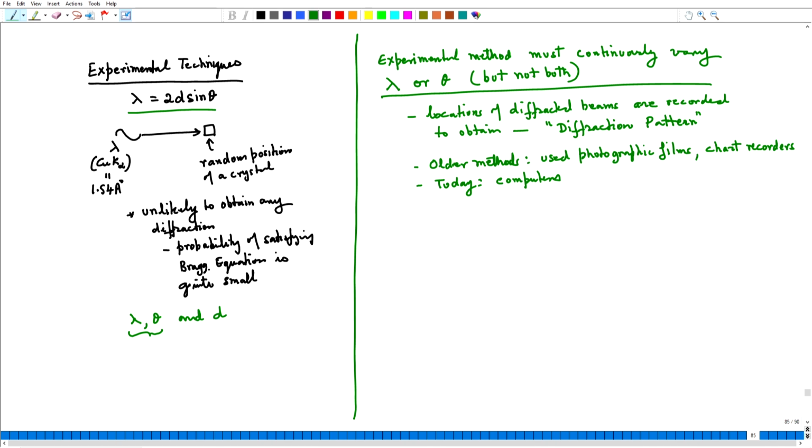I am just going to list down three general methods in which either you vary lambda or you vary theta. So, let me put this down in the form of a table.